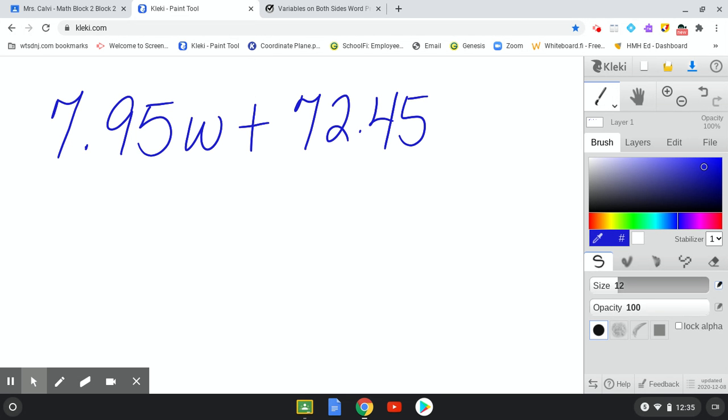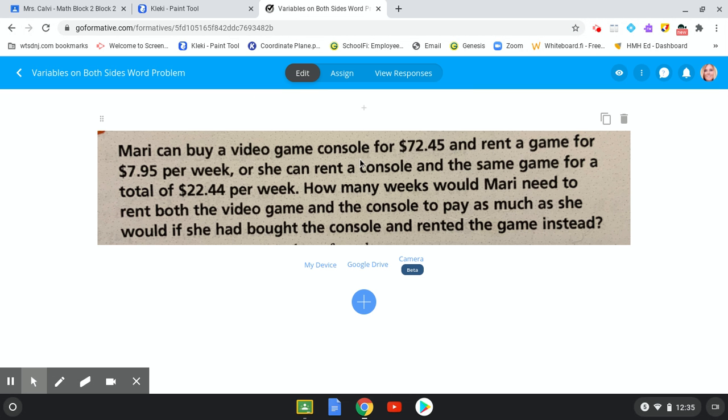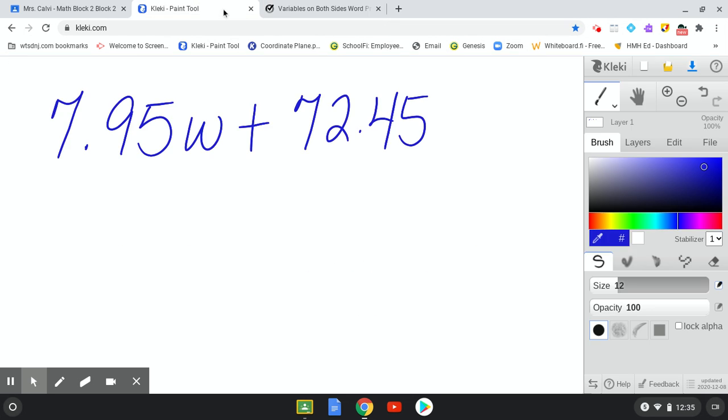Okay, now that's the first option. Her other option said she can rent the console and the same game for a total of $22.44 per week. So here that's all lumped together and that's a per week cost. So we would make this equation then equal to $22.44 per week, right?